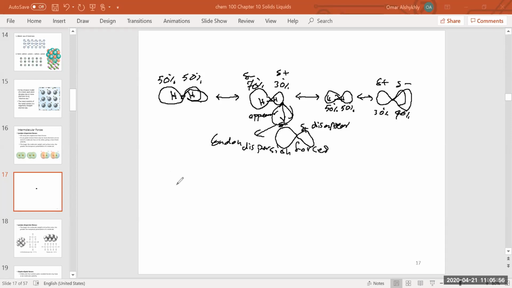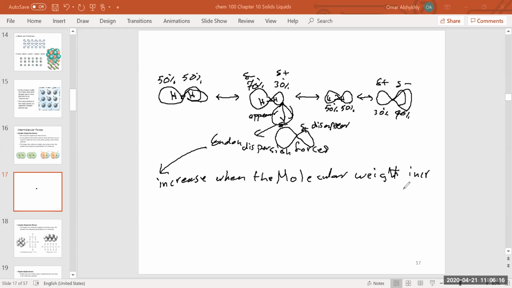Now, London dispersion forces will increase when the molecular weight increases and the surface area is higher.